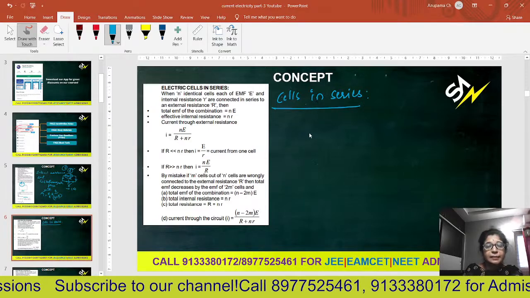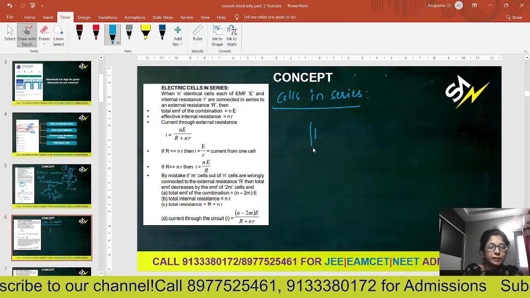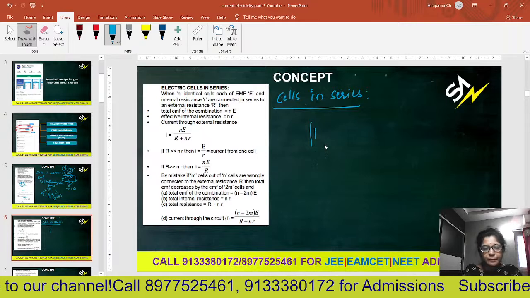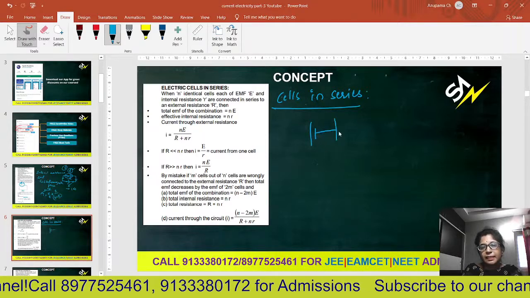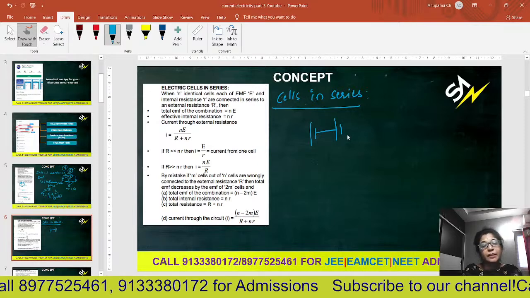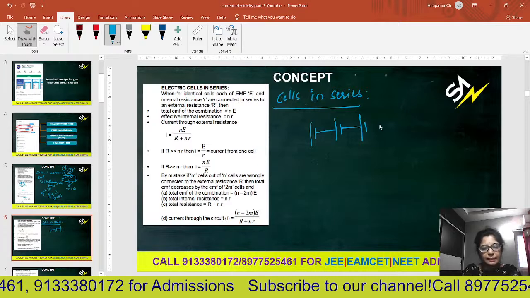When can you say that the cells are in series? This is the positive and this is the negative terminal. We know that, right? When the negative terminal of the first cell is connected to the positive terminal of the next cell, then those cells are said to be in series connection.